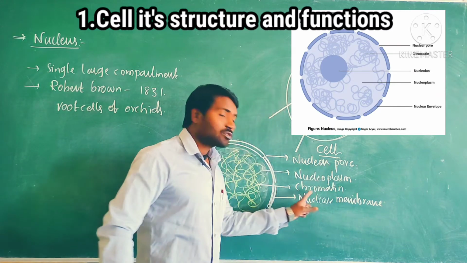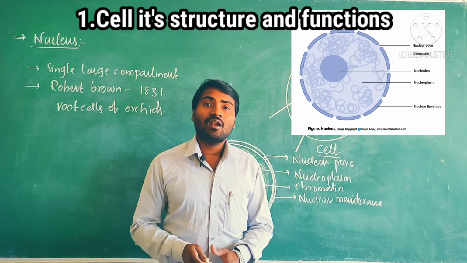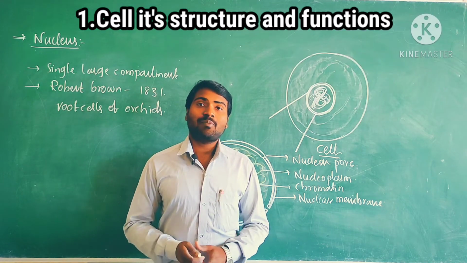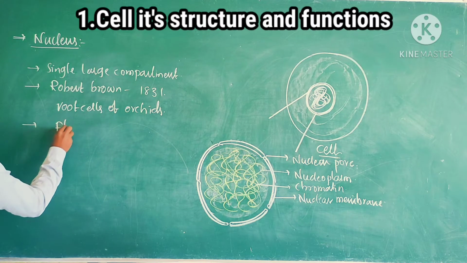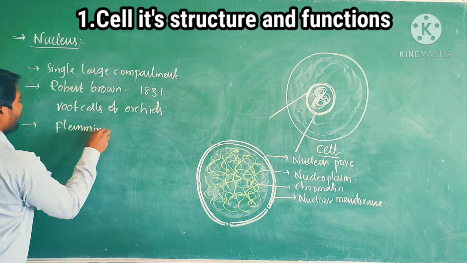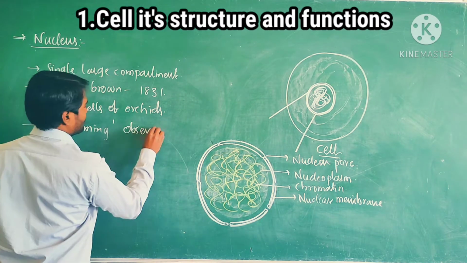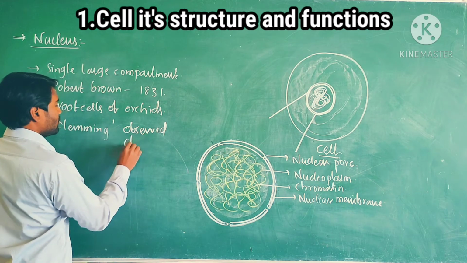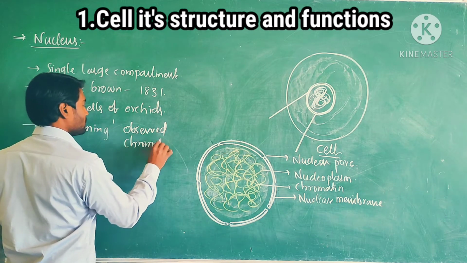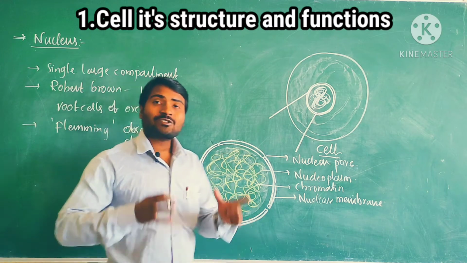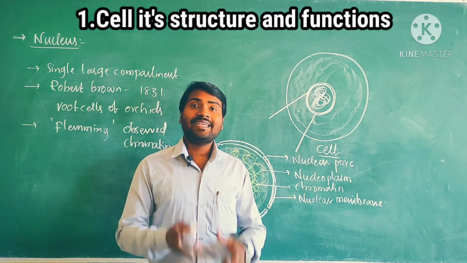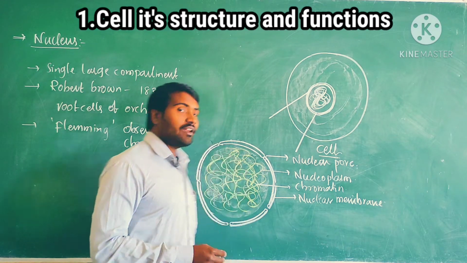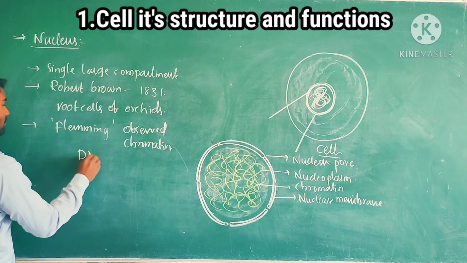This chromatin genetic material was first observed by Fleming. Now this chromatin is the genetic material. It is made up of DNA and a special protein called histone protein.